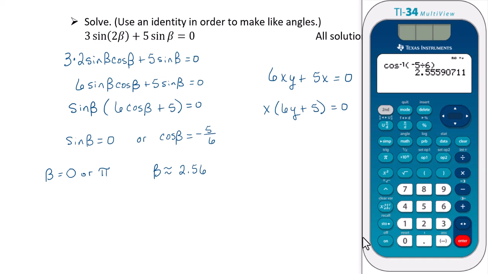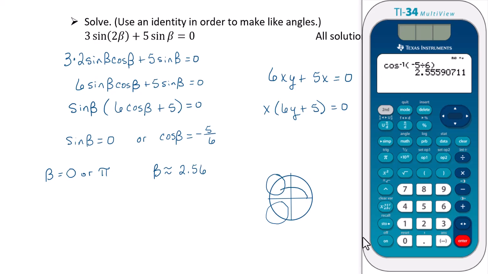But remember, we're talking about the unit circle here, and we're here somewhere in this quadrant. So where else is the cosine of beta negative 5/6? It's going to be somewhere in here.